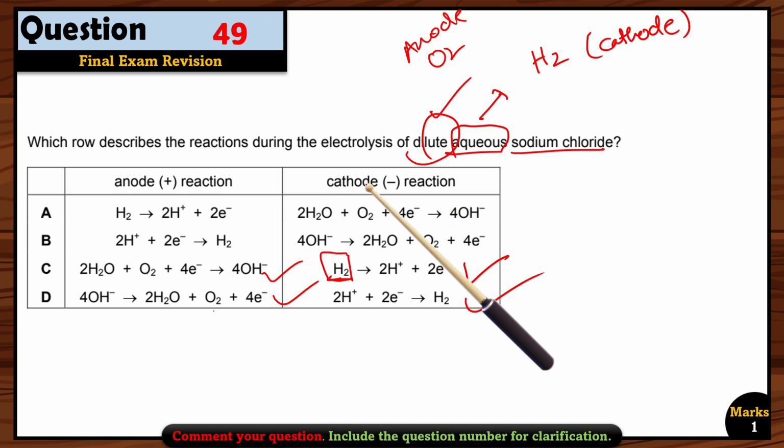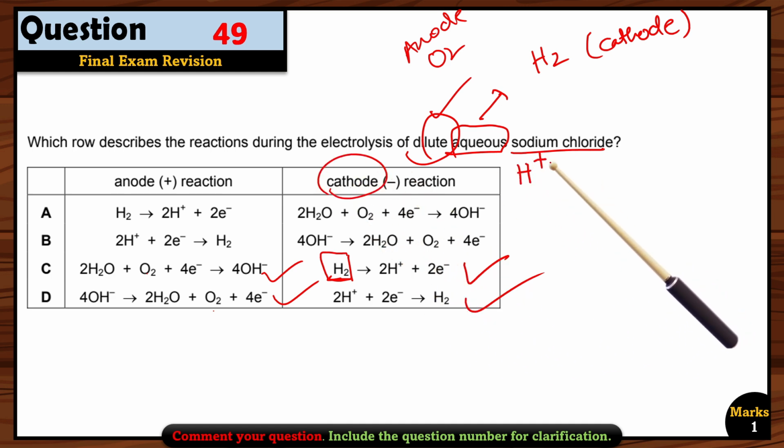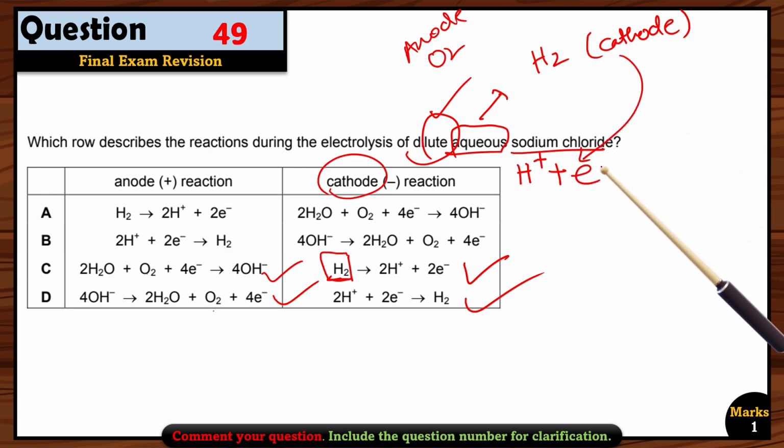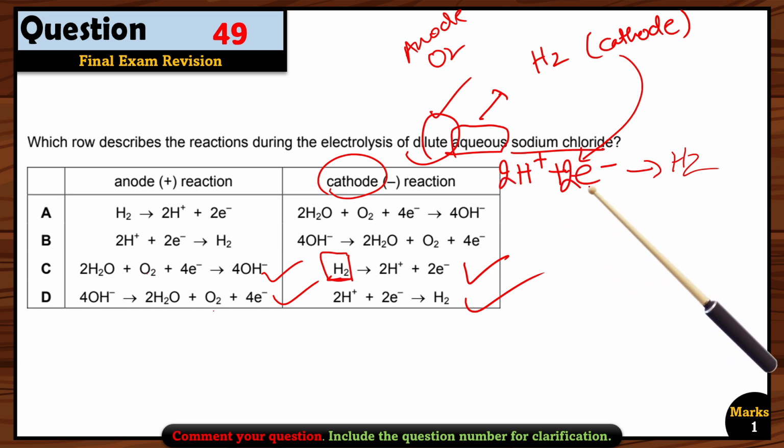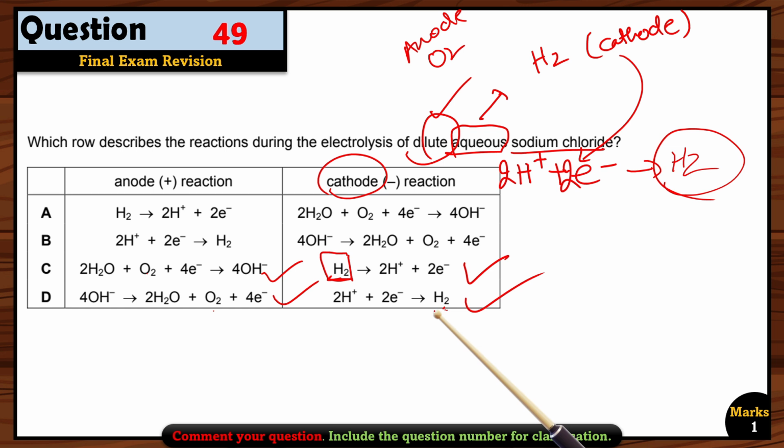Which ions will come at the cathode? Of course, hydrogen ions will come. Hydrogen ions will come at the cathode, gain the electrons and become hydrogen. Clear? Hydrogen gas is actually your product. Your product should be H2 gas. So this option is the right option. This option is wrong. Same is for the oxygen.